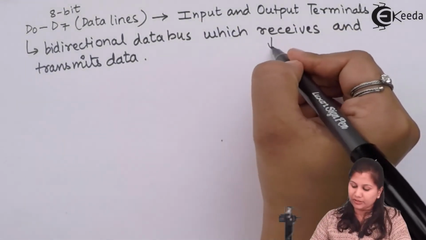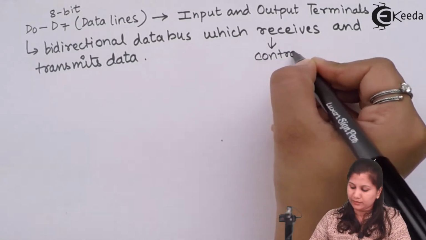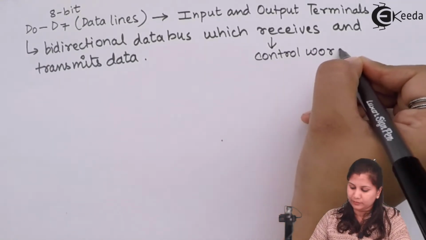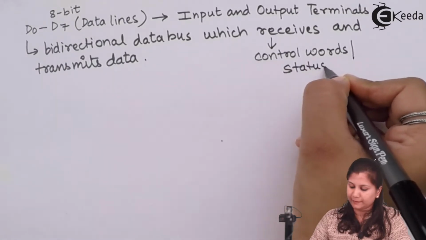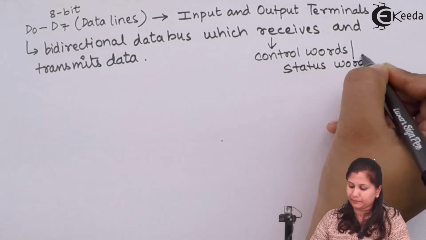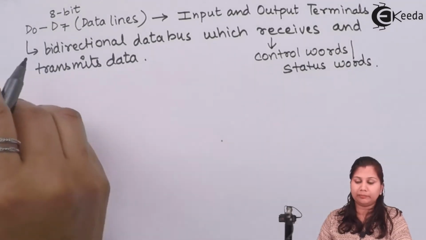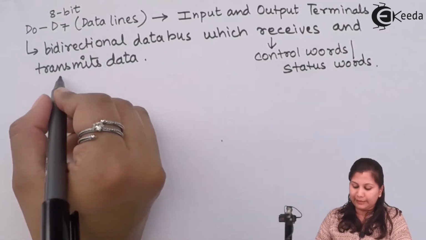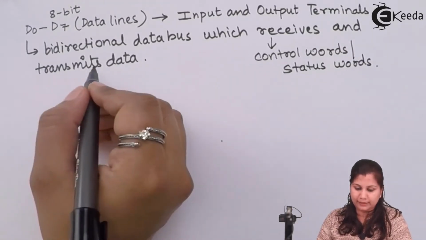Now the data which is received will be either the control words or the status words. And the data which is transmitted can be any type of data transmitted from the CPU.